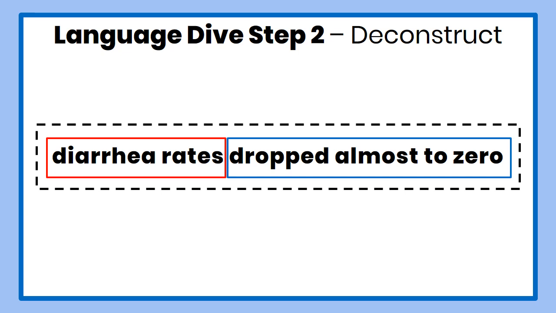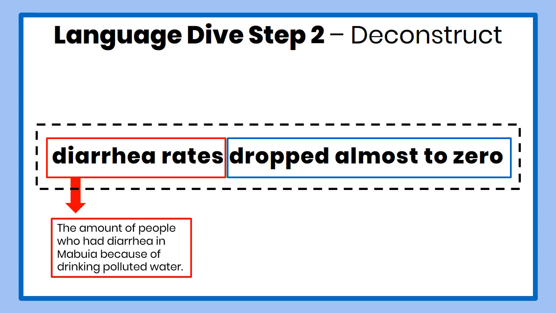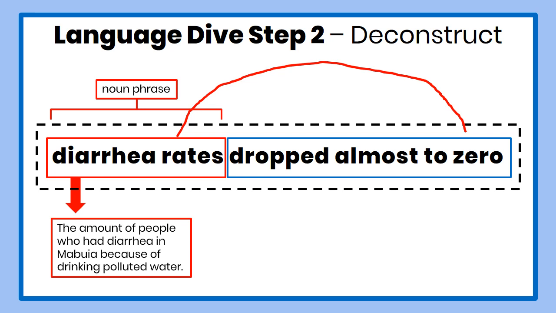What is this chunk about? Diarrhea rates refers to the amount of people who had diarrhea in Mabuya because of drinking polluted water. This is a noun phrase that refers to a thing. The word rates refers to a number.